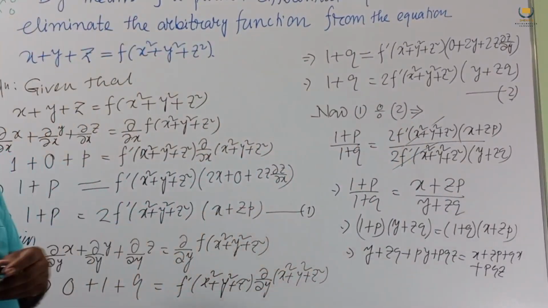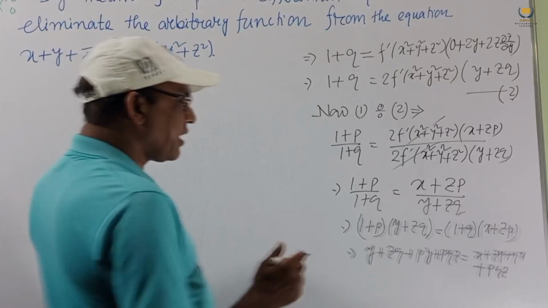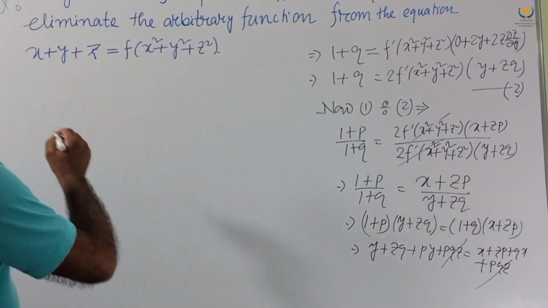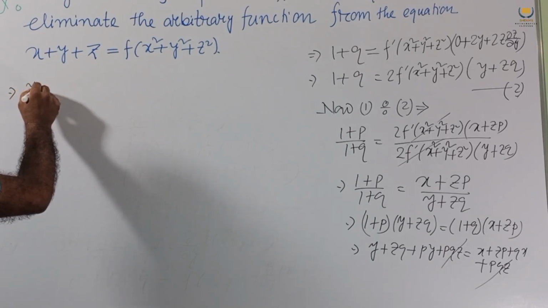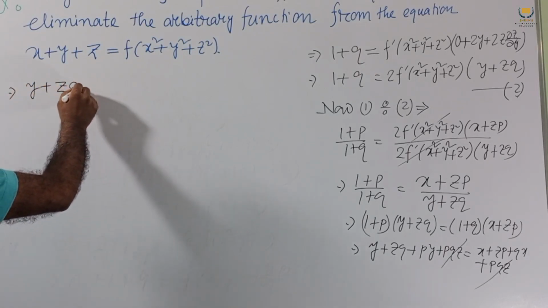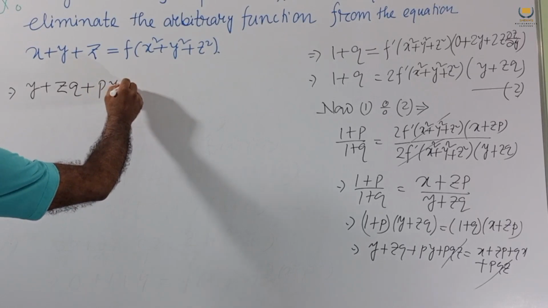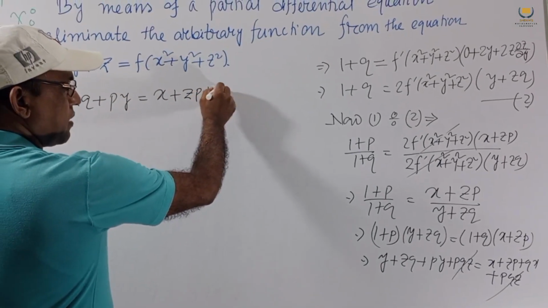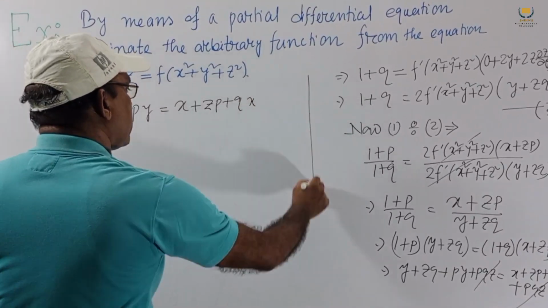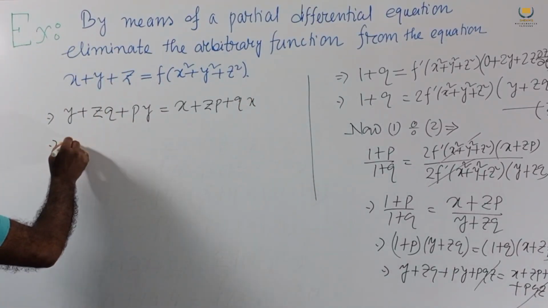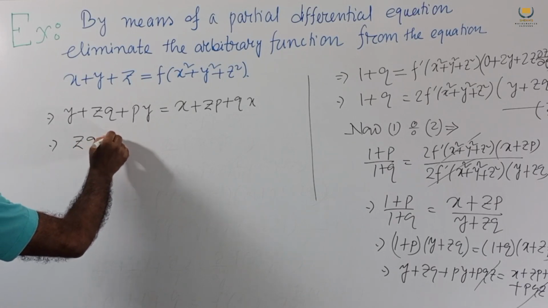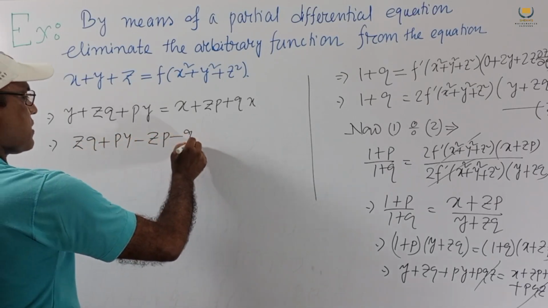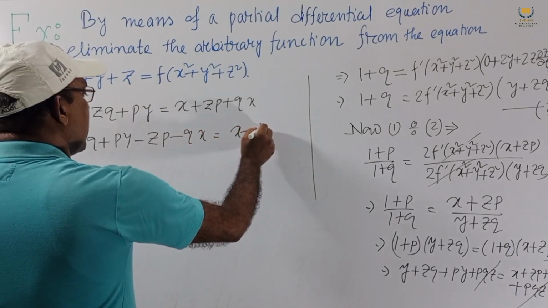We get this. pqz cancels. So after cancelling, we get y plus zq plus py equal to x plus zp plus qx. Now zq plus py minus zp minus qx equal to x minus y.